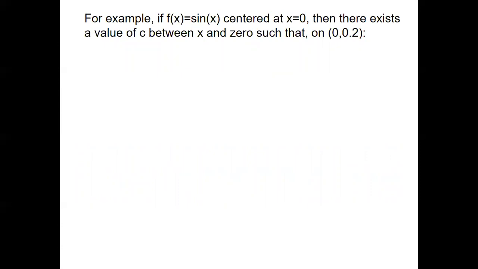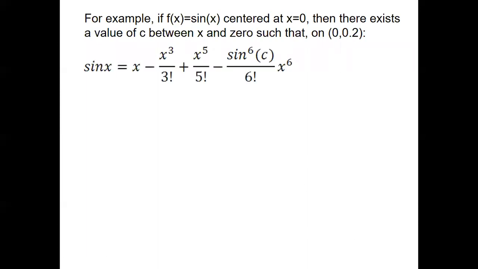All right, so let's say we're dealing with the sine function centered at 0, so our basic sine Maclaurin series. Then there exists a value of c between x and 0, such that on my interval from 0 to 0.2, let's see what happens here. Here's my sine function, the first couple terms. I'm going to go out to the 5th degree, and then I'm going to go to the 6th.